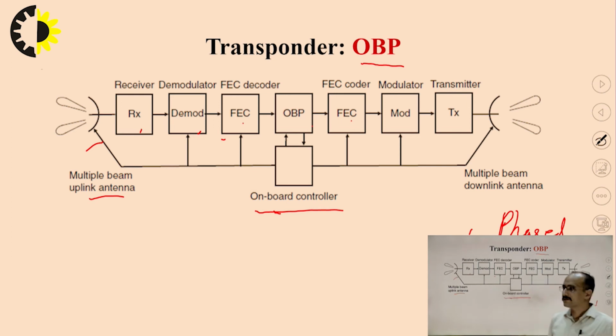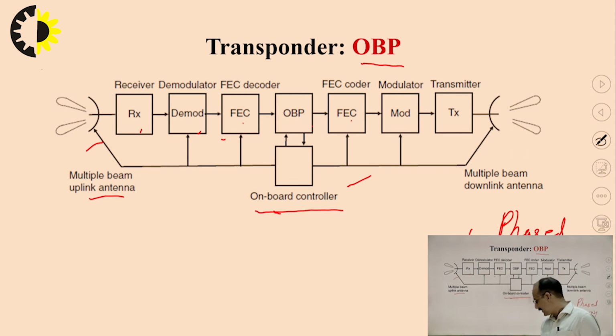Actually, in digital processing, synchronization plays a very important role, and to maintain that synchronization, this onboard processor is very much required. So this is all about the communication subsystem.